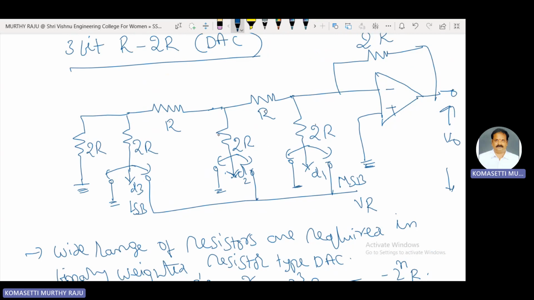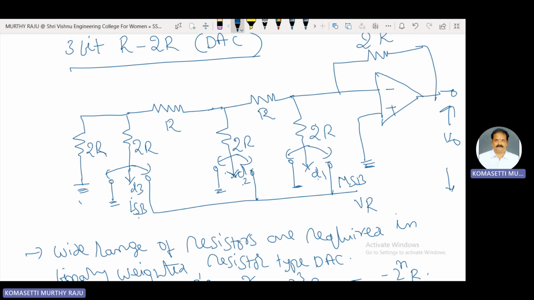The last 2R is connected to ground. This is a 3-bit R-2R digital to analog converter. 3 bits means D1, D2, D3. This one is the MSB. This one is the LSB.